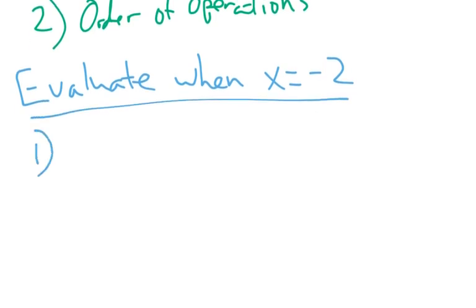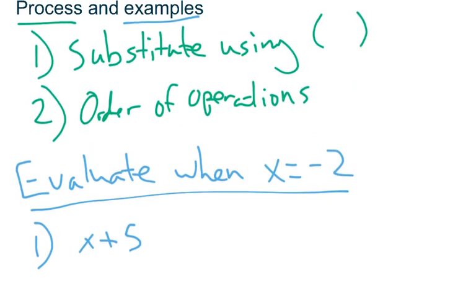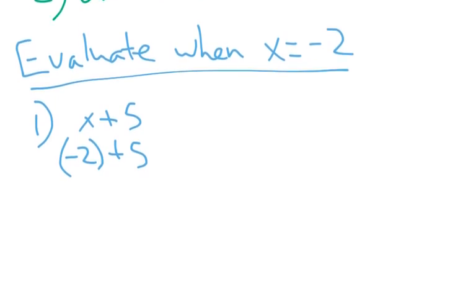So let's say the first one is x plus 5. Okay, so the first step is to substitute using parentheses. And so that's exactly what we're going to do. We'll substitute our x for -2, or -2 for x, using parentheses. And now it's order of operations, which is simply just addition. -2 plus 5, 3. And that's your answer.